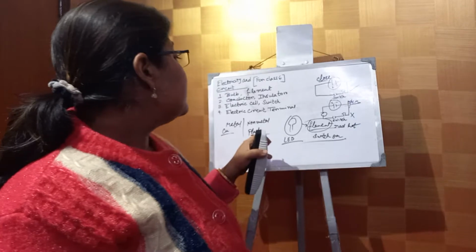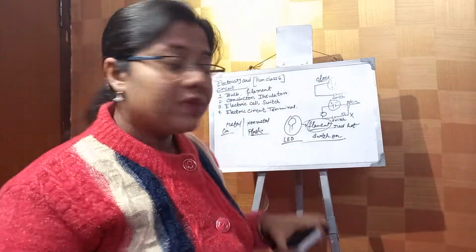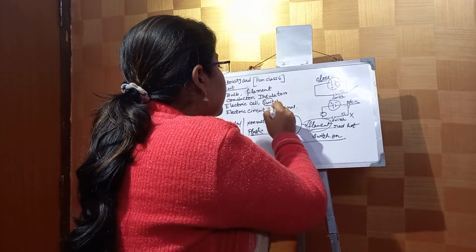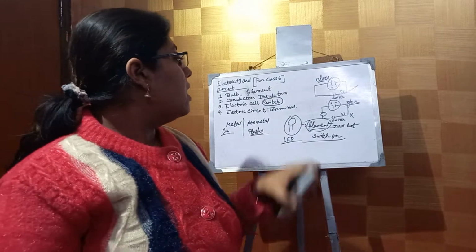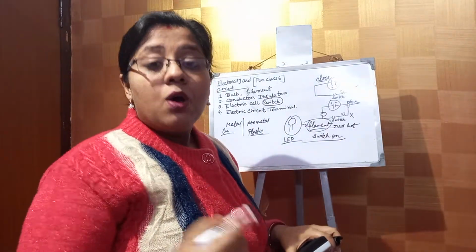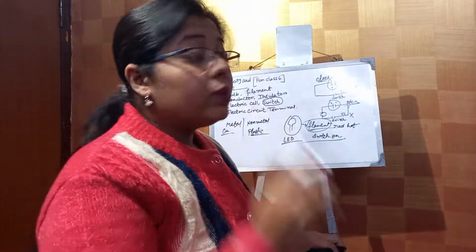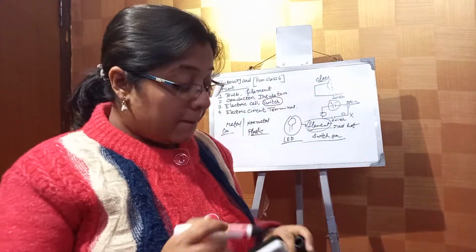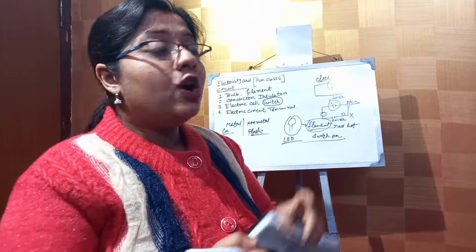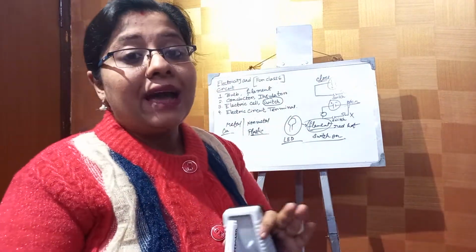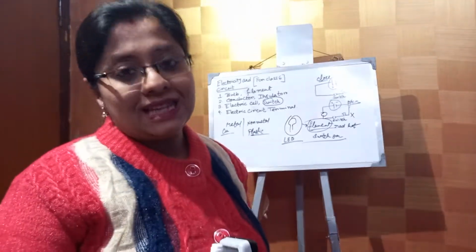Next is the function of the switch. So now concentrate on this topic, switch. What is the function? Why should I use the switch? Now a switch is such a device by which, by on and off mode, I can close or open the circuit.